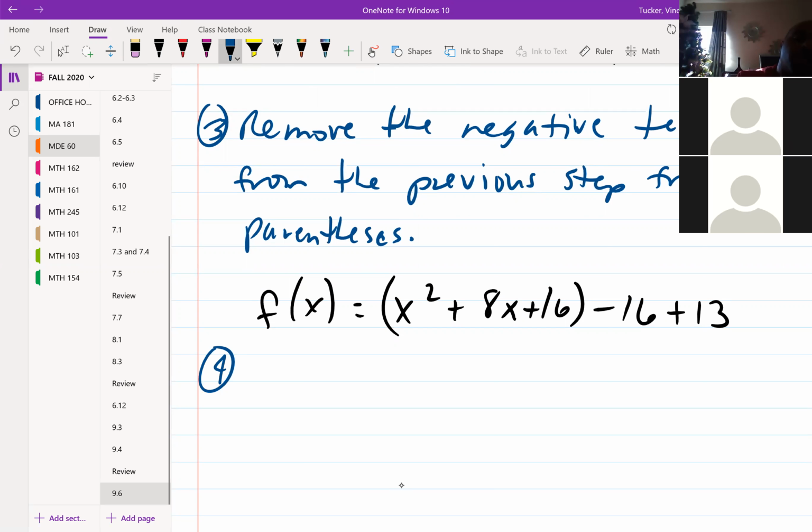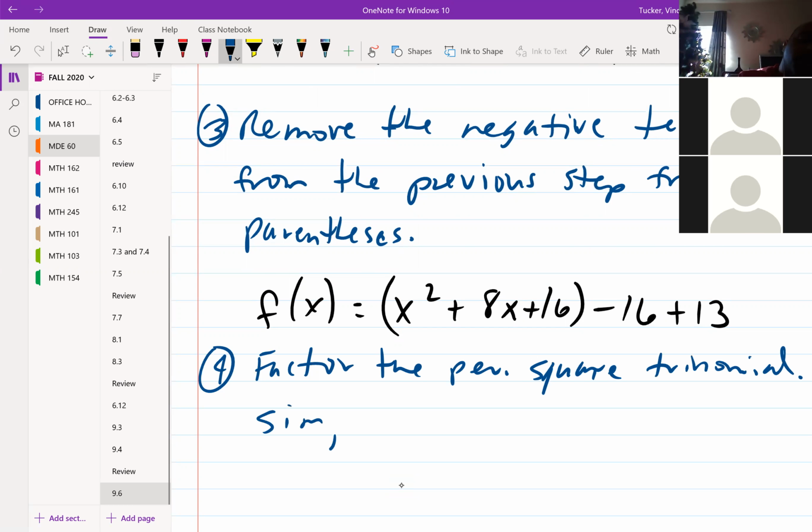All right. We can now factor the perfect square trinomial and simplify what's outside of the parentheses.